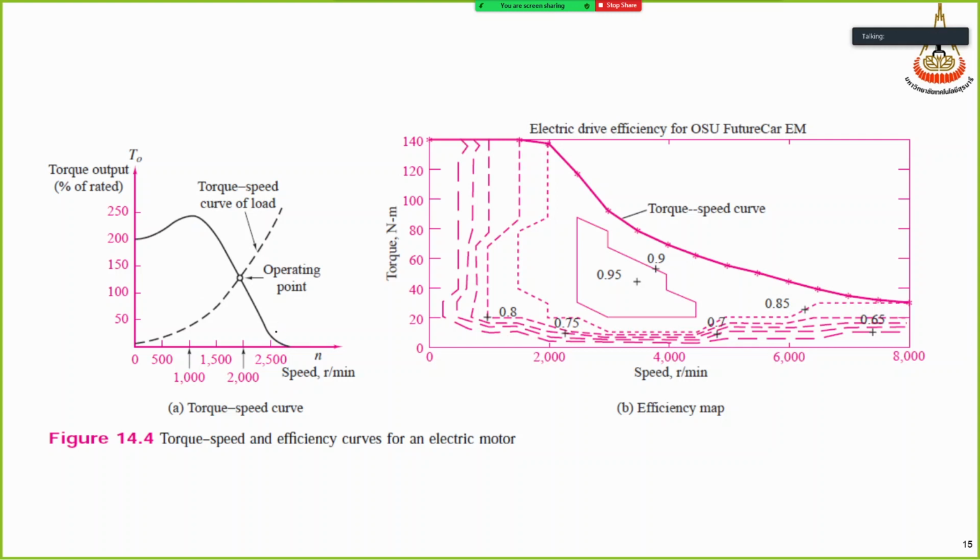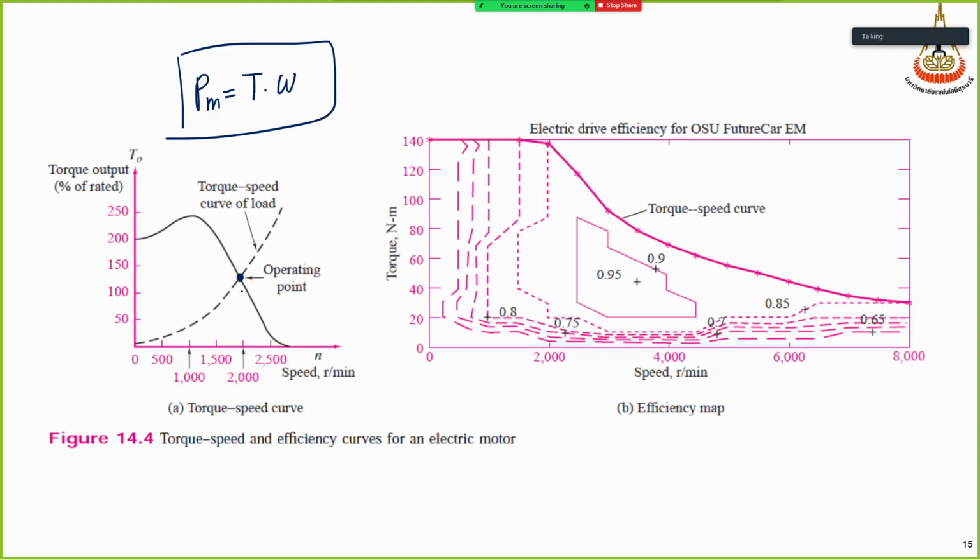It's not possible to drive with high torque and high speed, because the mechanical power is T times omega, torque times speed. If you want to drive it fast, the torque may be reduced. Or if you drive at slower speed, you can have a high torque. Like this, and this is the operating point of the machine here.